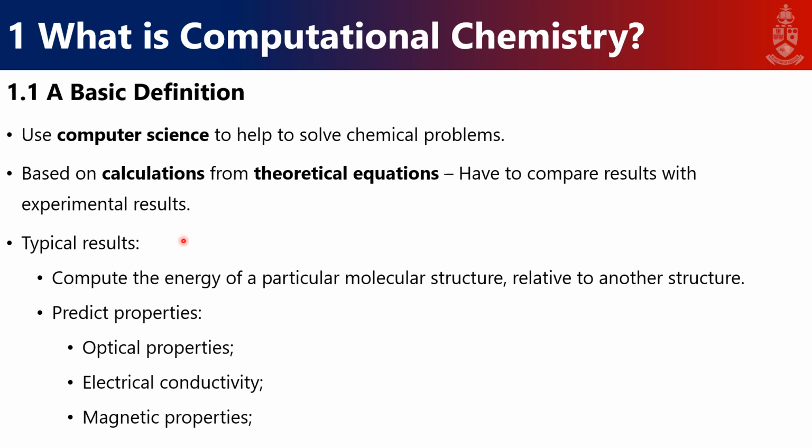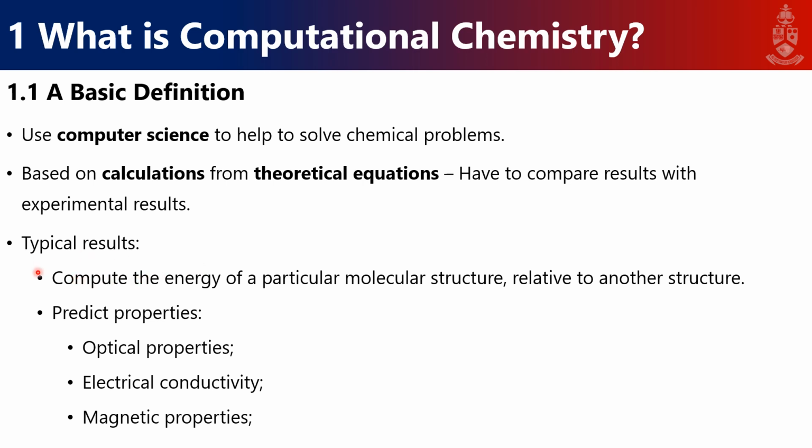Even though it's starting to get to a stage now where people believe that there are certain things that experiments can't explain, or that we don't see in experiment, which can be seen in computation. And that gives a whole lot of debate. And then people shout at one another, and that's all fun.